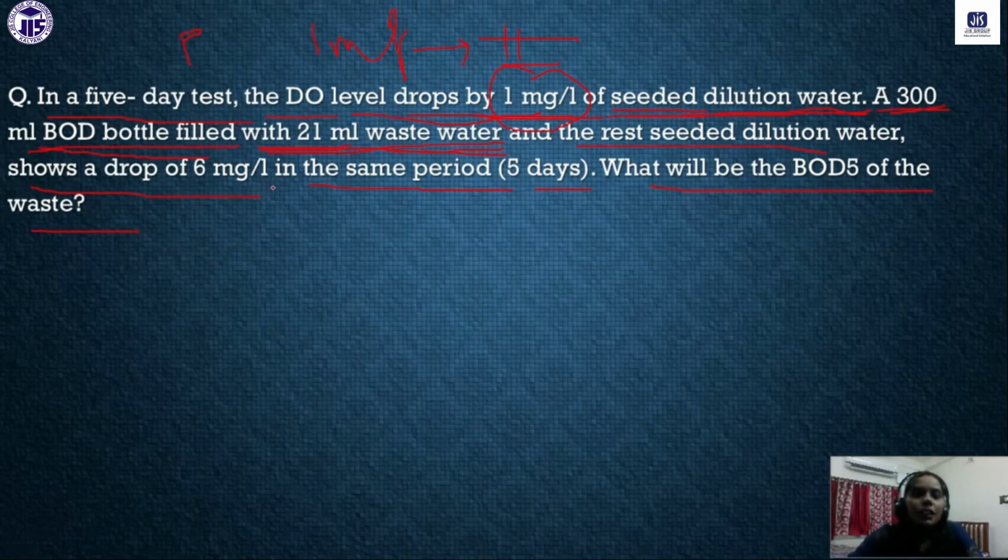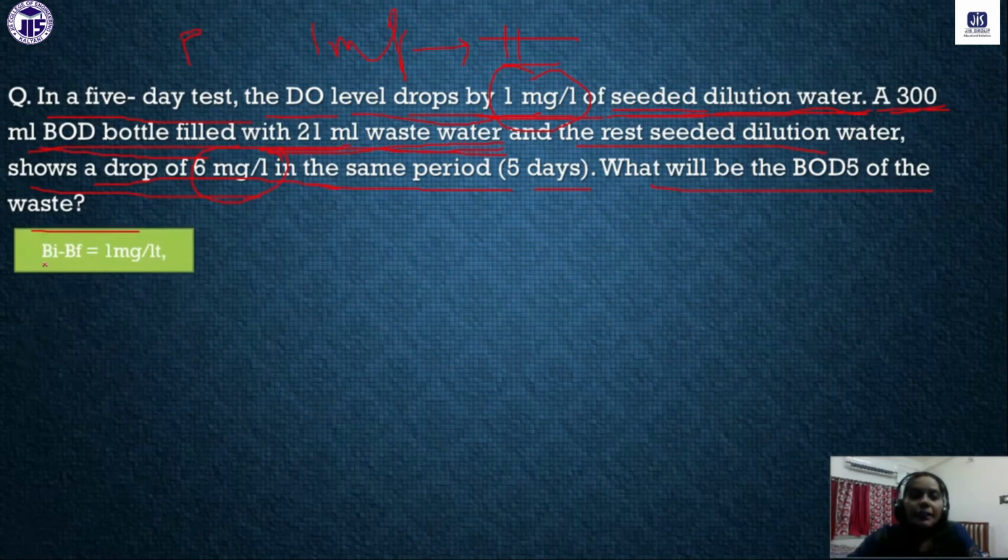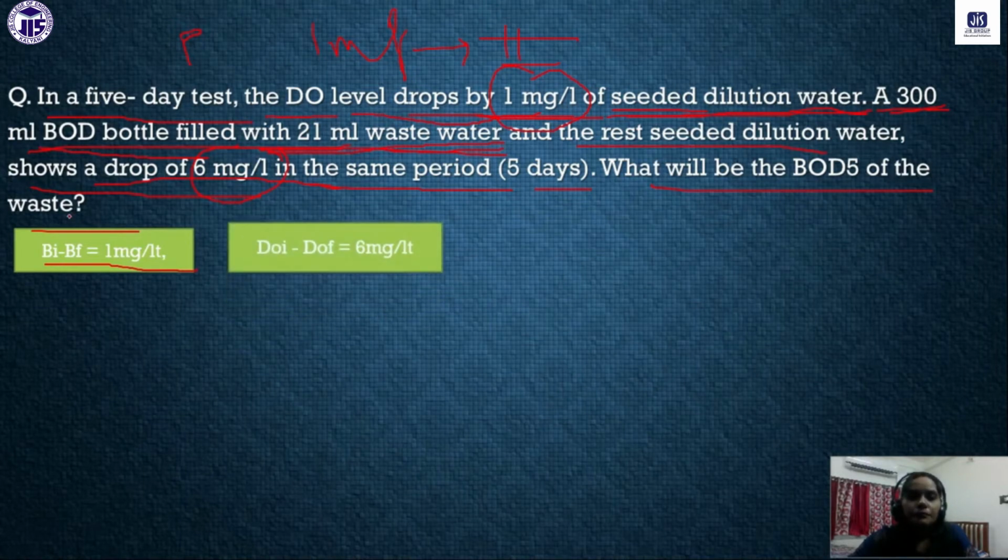Again, look here, and the rest seeded dilution water shows a drop of 6 milligram. Now what is the 6 milligram? This 6 milligram drop is for bottle 1. So 1 milligram per liter, as I told you, is the initial minus final value, and of course this is the bottle 2 value, and 6 milligram is for bottle 1.